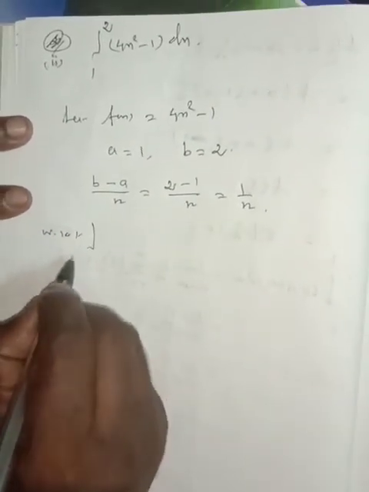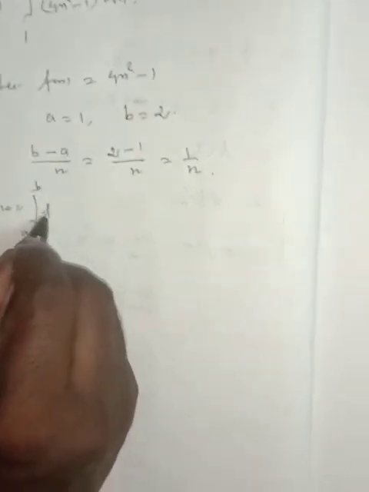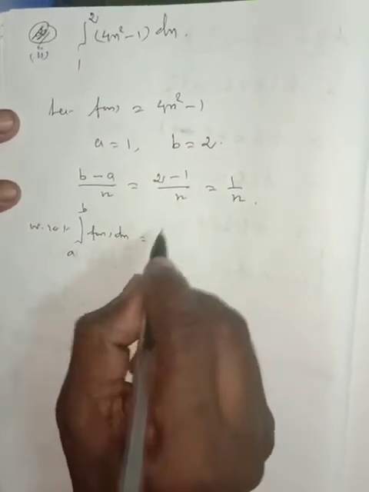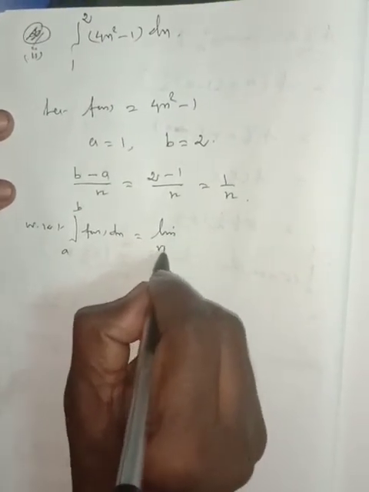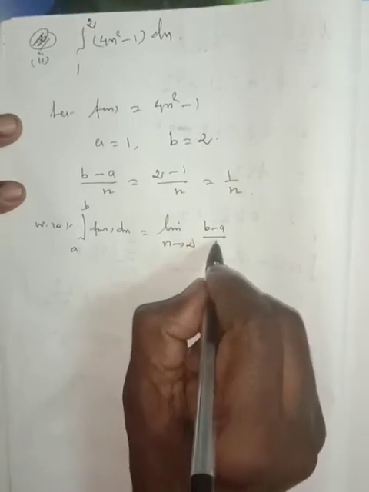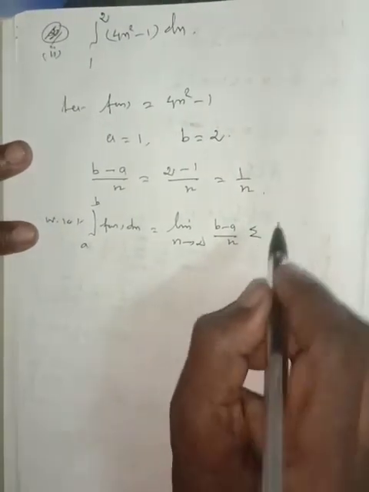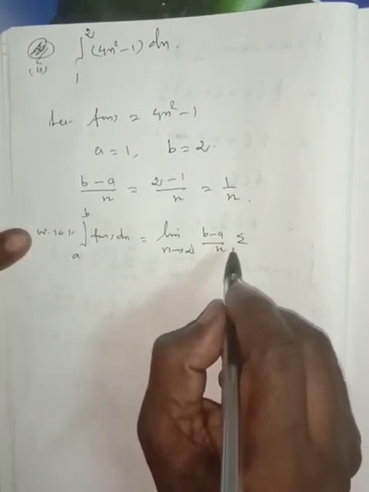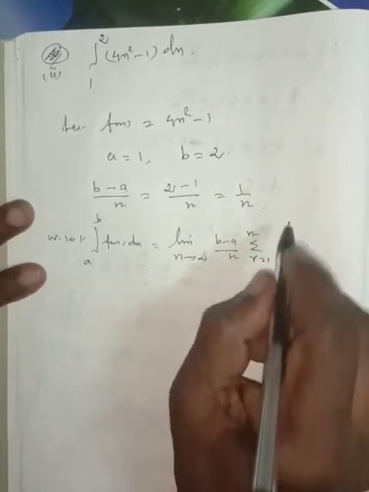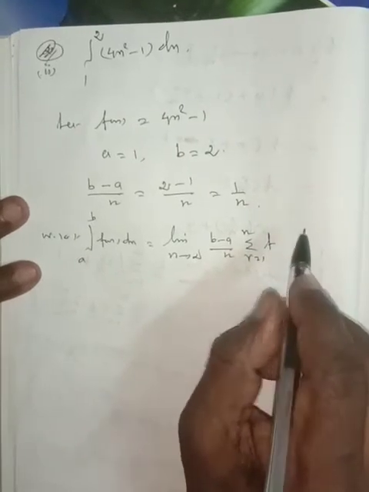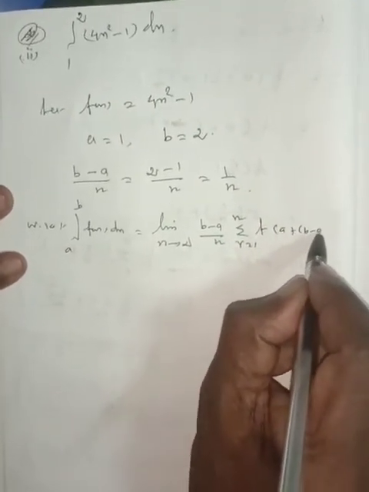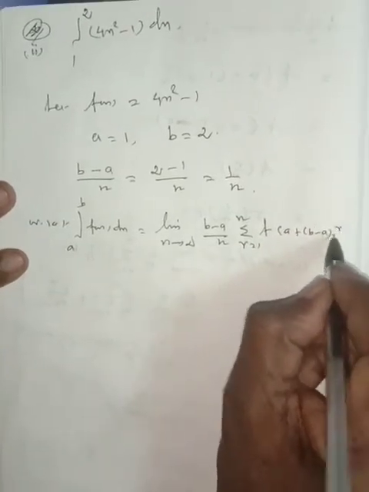We know that integral a to b f of x dx is equal to limit n tending to infinity, (b minus a) divided by n, sum of r varying from 1 to n, f of (a plus (b minus a) into r by n).